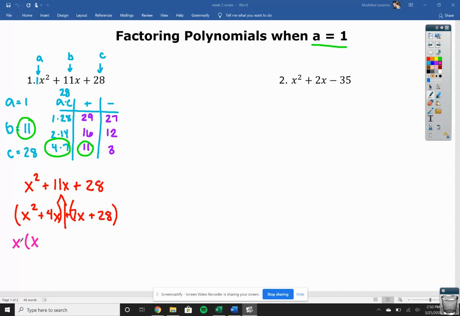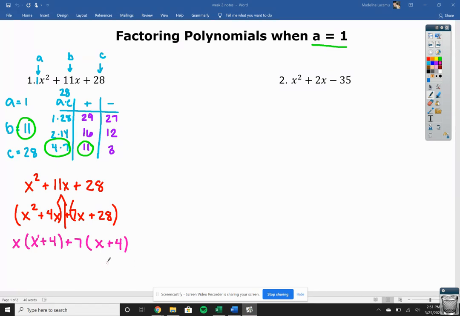We have 4x, we take away an x, we're left with 4. Now the biggest thing we can take from 7x and 28, we can factor out a 7. So you have 7x, divide by the 7, we're left with just x. 28 divided by 7 is 4.